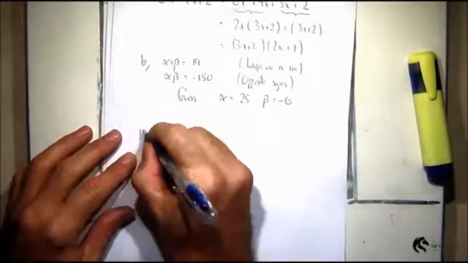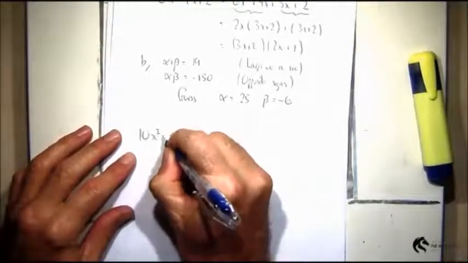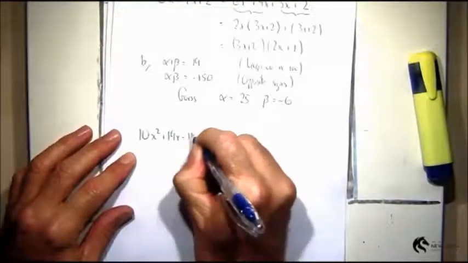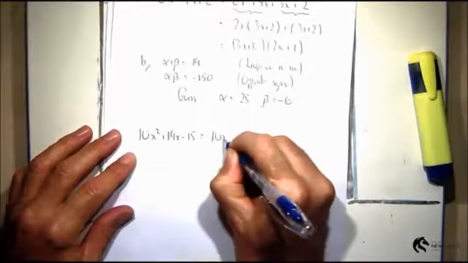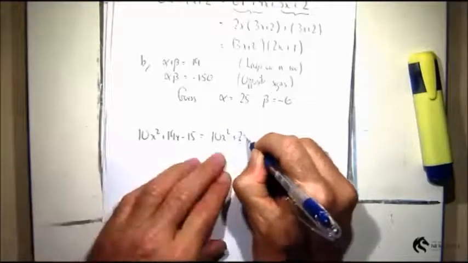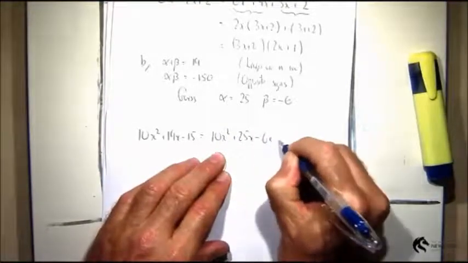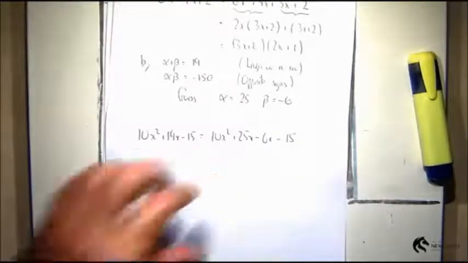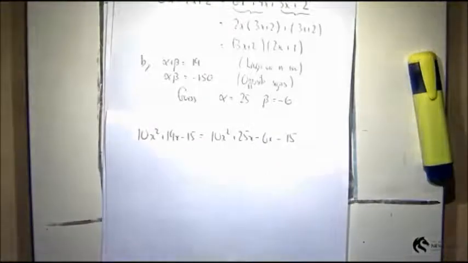So I have 10x squared plus 19x minus 15 is equal to 10x squared plus 25x minus 6x minus 15. I've split my 19 into the alpha and beta that I've determined.